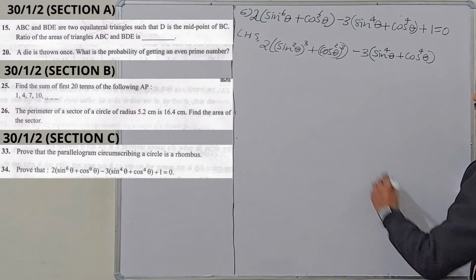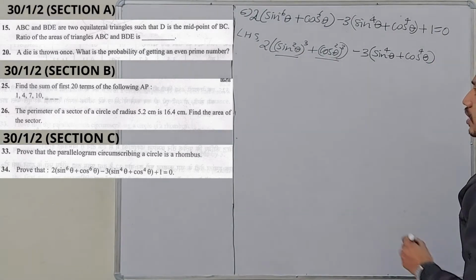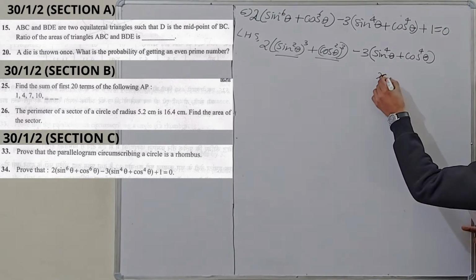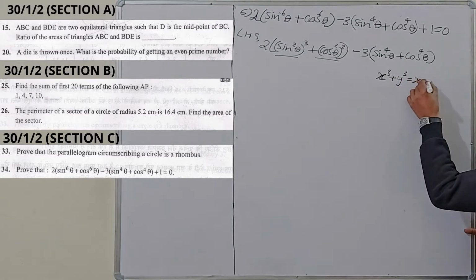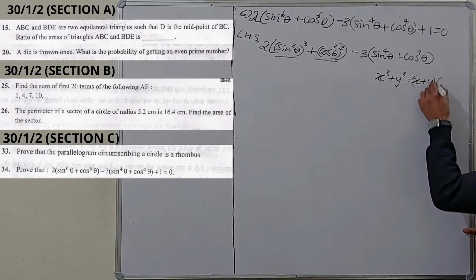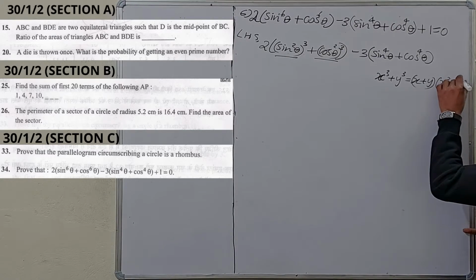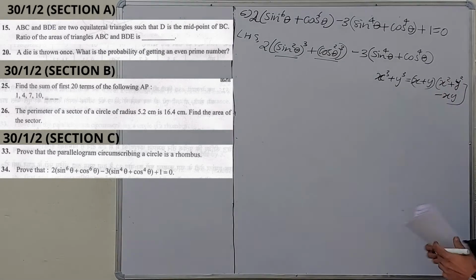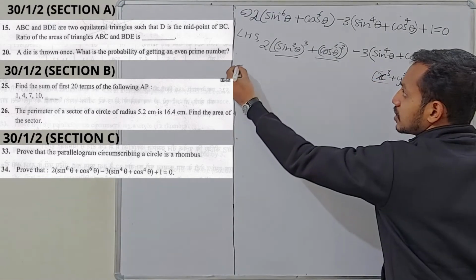Now here a cube plus b cube is the identity applied. What is a cube plus b cube? We already have that identity. x cube plus y cube is equal to x plus y into x square plus y square minus xy. This is the identity we have. So by using this identity, we can simplify this.